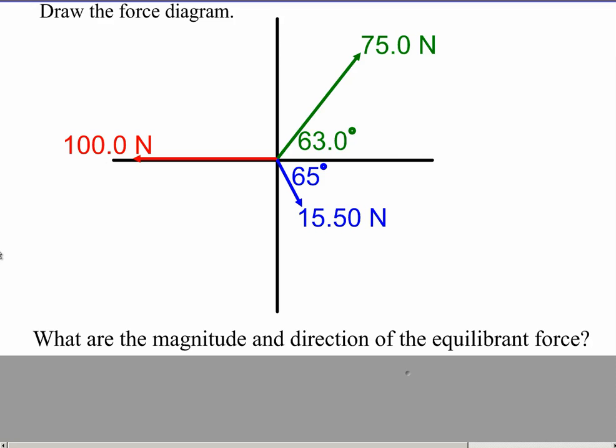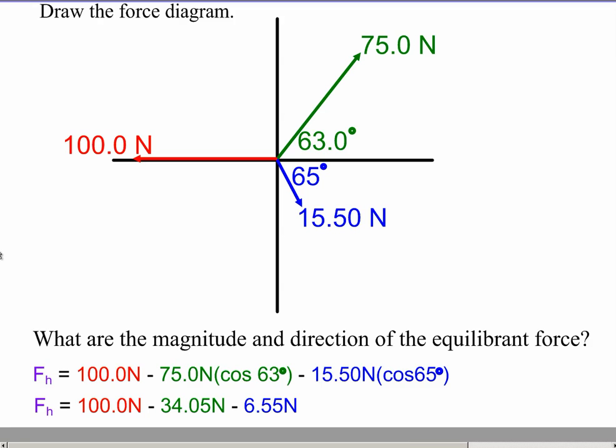How do we go about this? Well, we need to find some components because we only have one force that's horizontal. Our green 75 Newton force and our blue 15.5 Newton force are at angles relative to the horizontal or the vertical, and so those are the ones we need to find components for. So we'll start with horizontal. We're going to take the horizontal component of all of our forces and add them together. So we have 100 newtons.